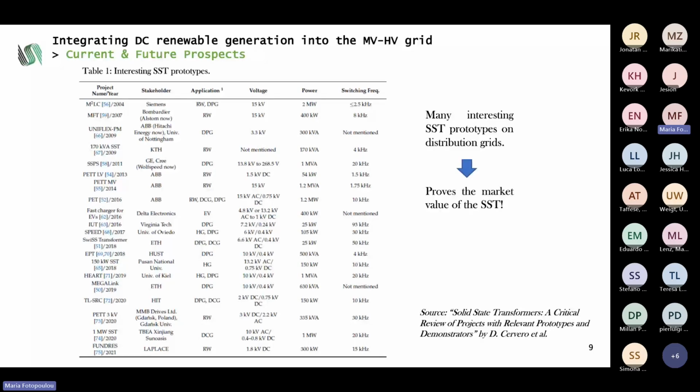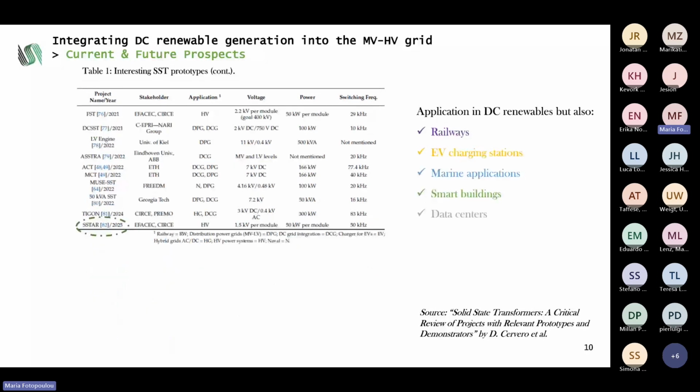And then at the bottom of the list, we also see the newest prototype, which is the STAR project. And above that, we see the Tigon project, where another SST was developed. Here we can see that the application is mostly in DC renewables, but it can also be in railways, EV charging stations, marine applications, smart buildings, and data centers.